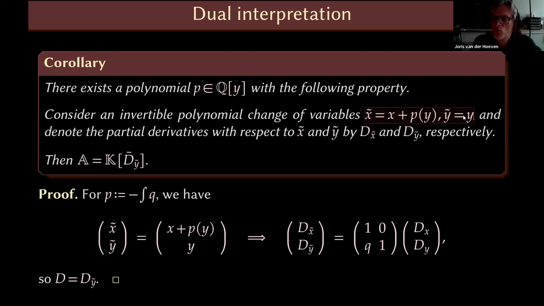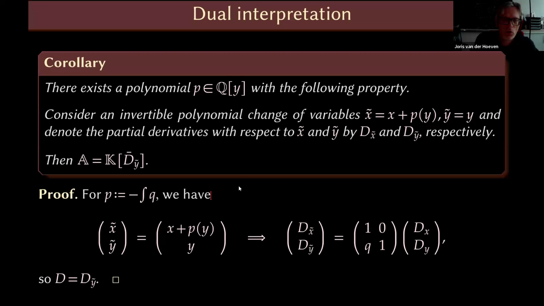So y, in this case, remains the same, and x is just changed as x plus some polynomial, and one can easily read this off from the formulas here. So here basically again we have this polynomial map, but if you look at the Jacobian and you take the transpose and then invert, you get the required change of derivatives that we see on the right hand side.